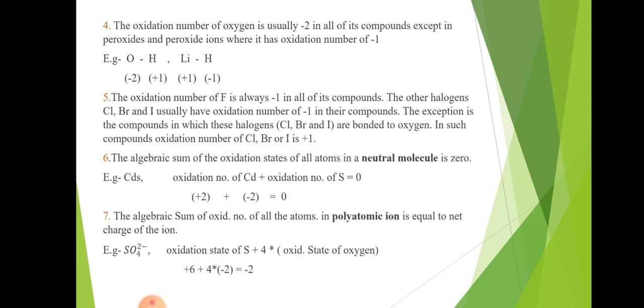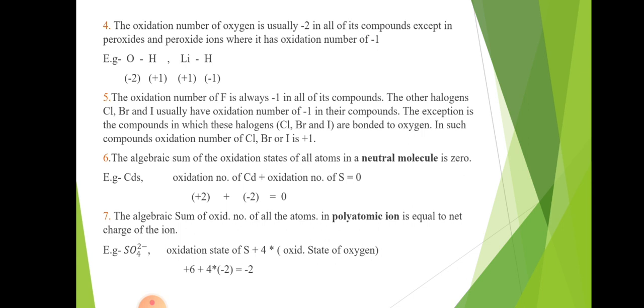For example, in H2O, oxygen has the -2 oxidation number and hydrogen has +1. Another example, lithium hydride: lithium has the +1 oxidation number and hydrogen has the -1 oxidation number.